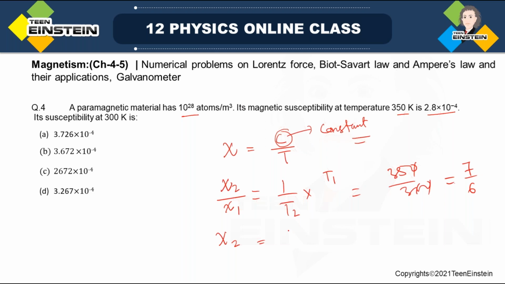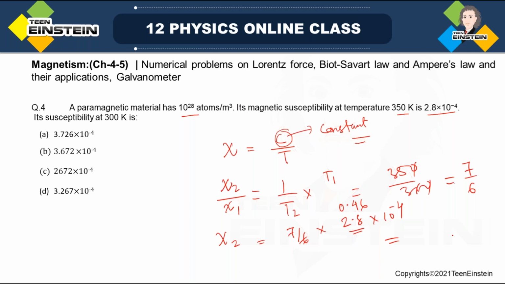350 by 300. Okay, so this will lead to 7 by 6 into chi 1. Chi 1 is 2.8 into 10 to the power minus 4, and this is a unitless quantity anyway. So this would actually give you approximately 0.4 and 6 kind of this.